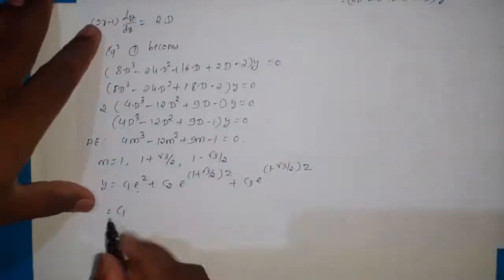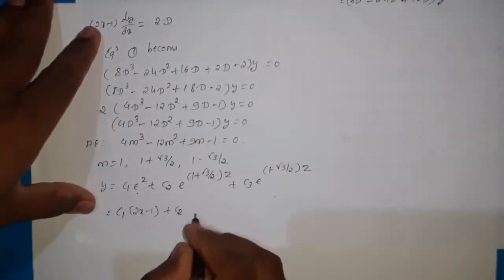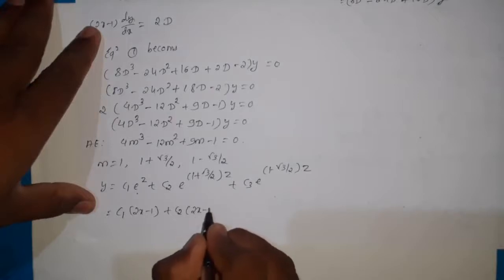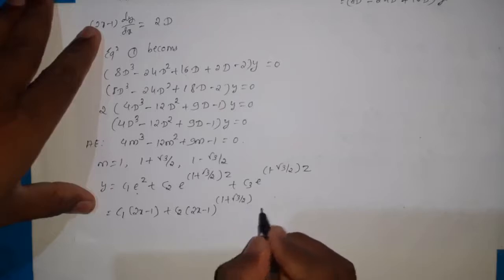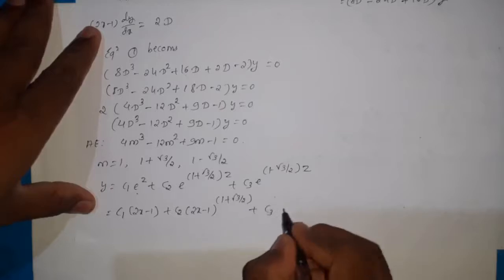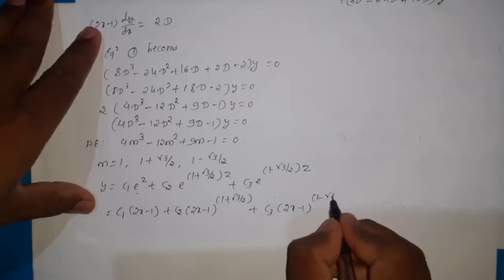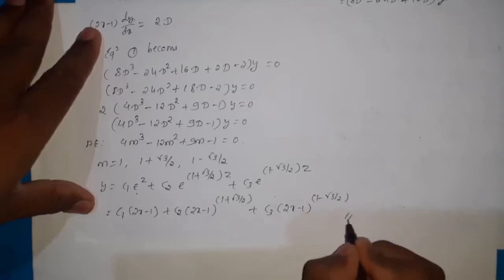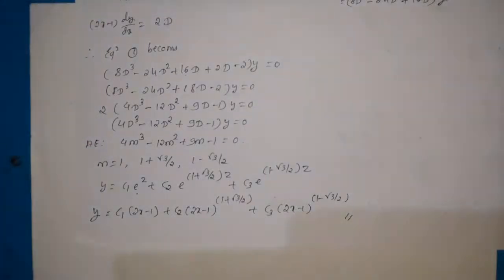So therefore it is c1 (2x minus 1) plus c2 (2x minus 1) whole power (1 plus root 3) by 2 plus c3 (2x minus 1) whole power (1 minus root 3) by 2, which is the required complete solution of the given differential equation.